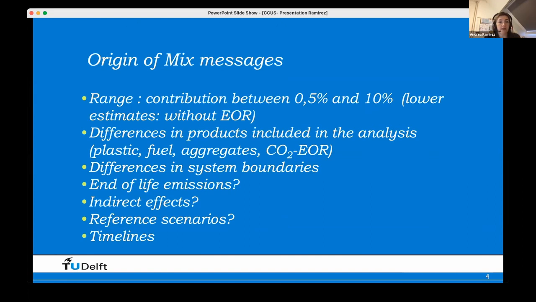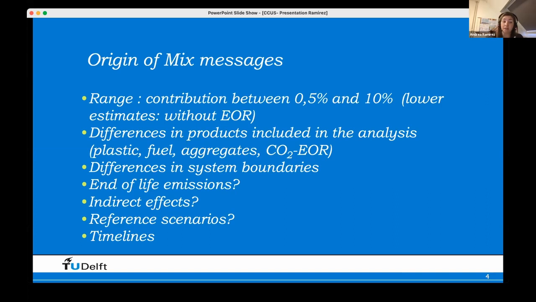You will see a big range on what CCU can contribute to the climate targets, sometimes between 0.5 and 10%, depending on whether or not you include things like enhanced oil recovery. There is a difference in the products that are included in such analysis. There is a difference in what you include and what you leave out, what we call the system boundaries: whether or not you include end-of-life emissions, whether indirect effects are accounted for in the results.